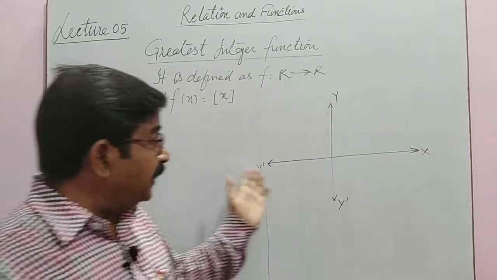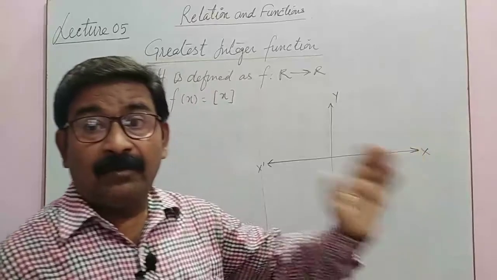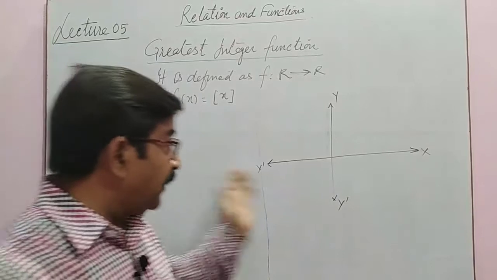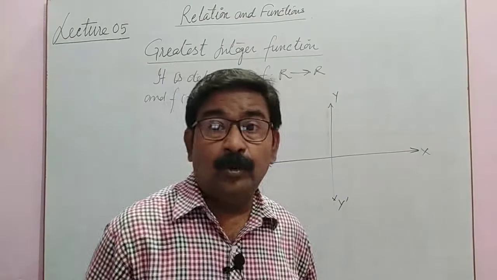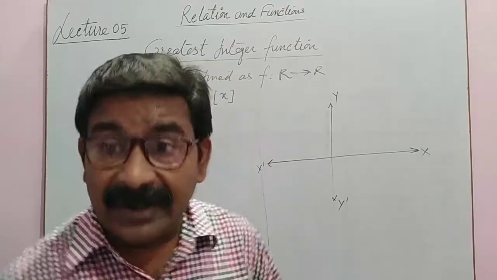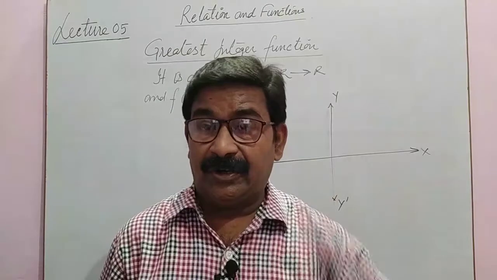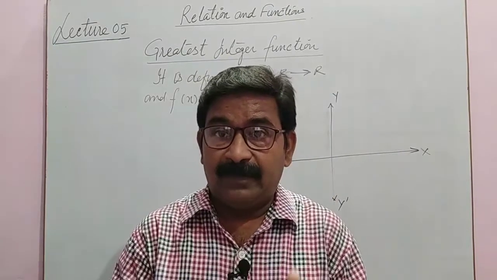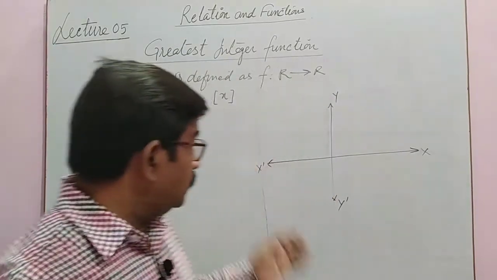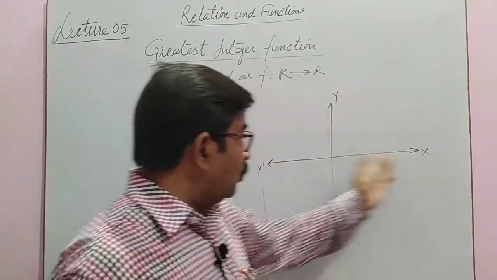So for any value of x, we have to write the range as an integer. Try to understand what I am telling you. It means its domain is always real.